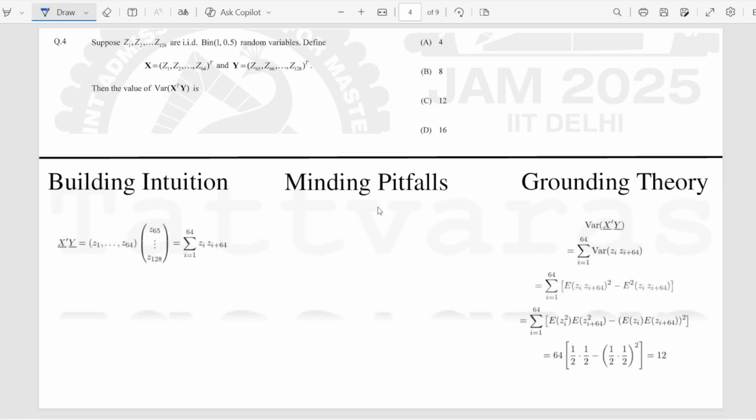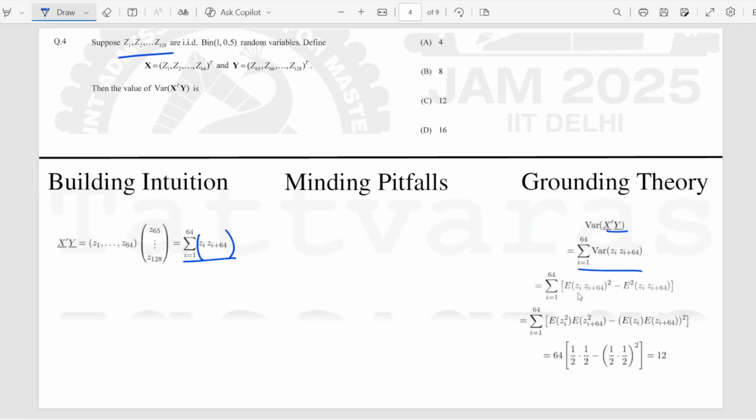Now what you can do next is, you know that this expression was this thing, and notice that if I consider this as one unit, there are 64 such units, and each of them are going to be independent of the other ones. Why? Because each of them are containing unique variables, and we know that all the variables here are independent.